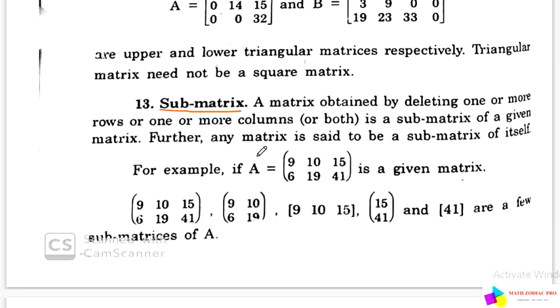A itself is a submatrix of this matrix. I have taken 9 10 and 6 90, which is also a submatrix of A. Next, 9 10 50 is a submatrix of A, and 50 and 41 is a submatrix of A. I have also taken just one element, 41, which is also a submatrix, and another, 10 90, also a submatrix. We can take many submatrices of this matrix A. This is called a submatrix.